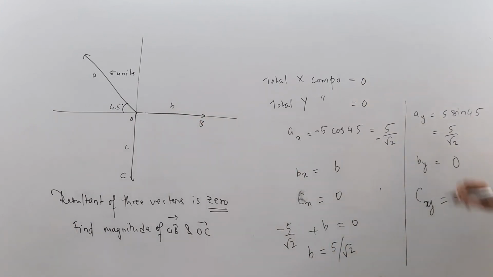So this is going to be 0. And then when we add this, we'll get the net y component as 0, that is minus C plus 5 by root 2 is going to be 0. So C will be 5 by root 2.